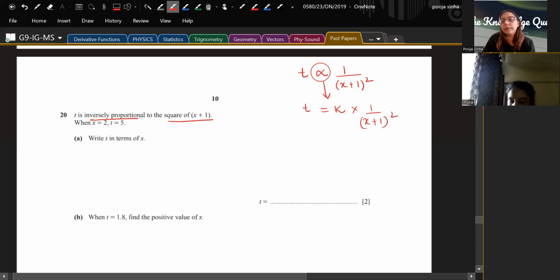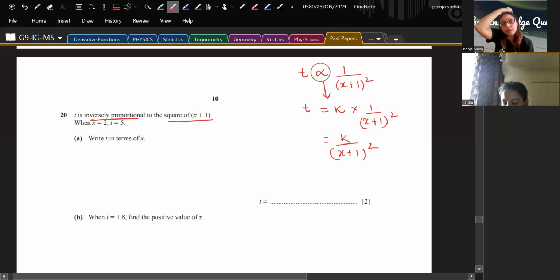Now K multiplied by 1 will become K only. You write T is equal to K upon X plus 1 whole square. Now it says when X is equal to 2 and T is equal to 5. So we have 3 variables.